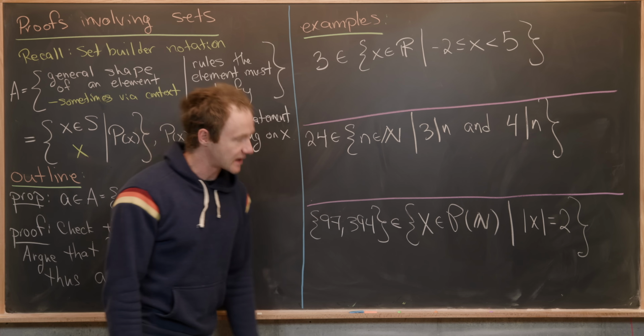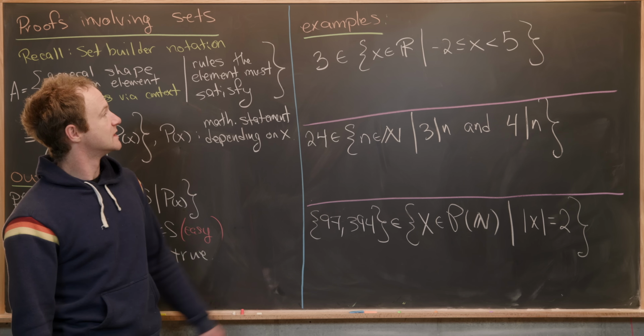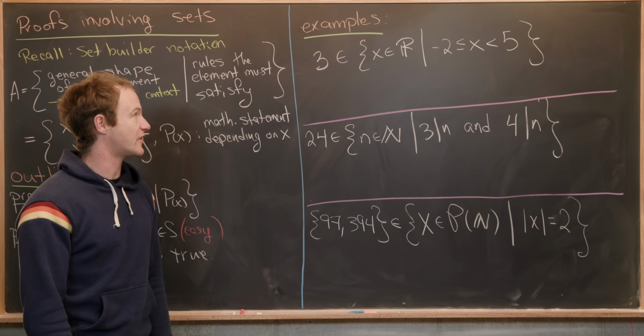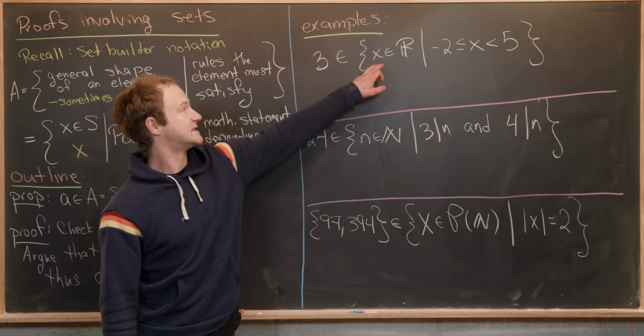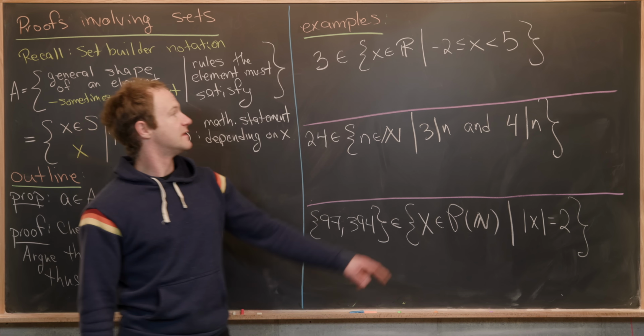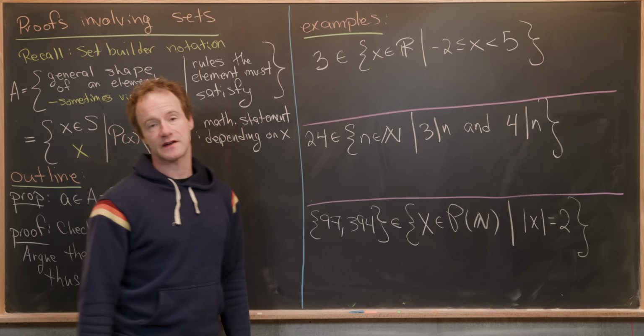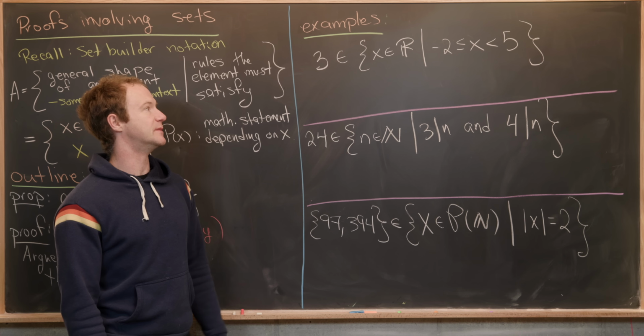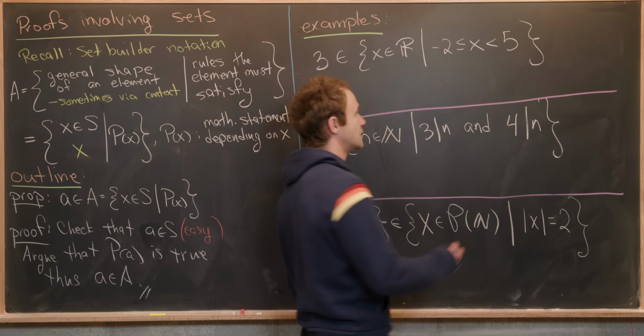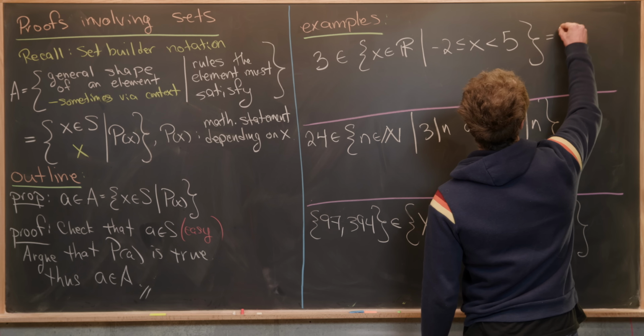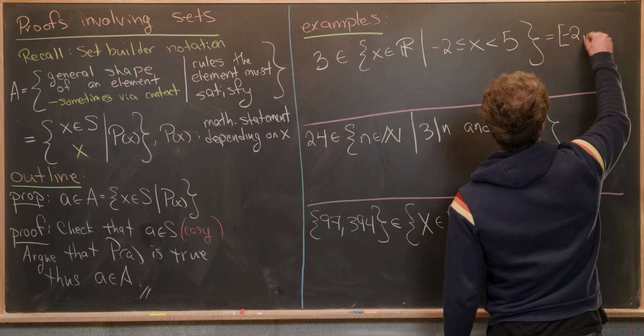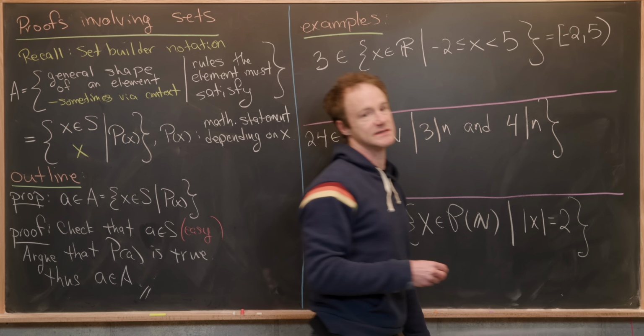Okay, let's look at a couple of quick examples. For the first one, we're going to show that 3 is in the set of real numbers that are between -2 and 5, including -2 but not including 5. Notice we could write this in interval notation as [-2, 5).